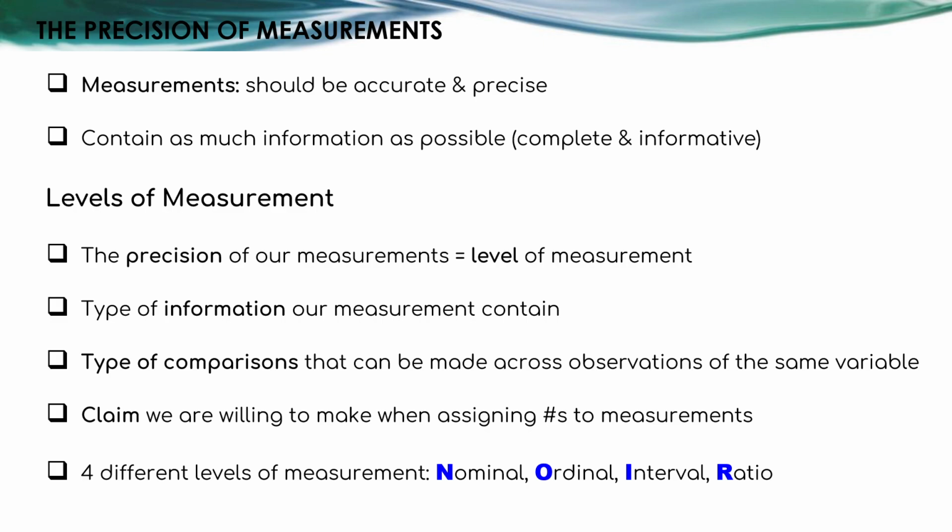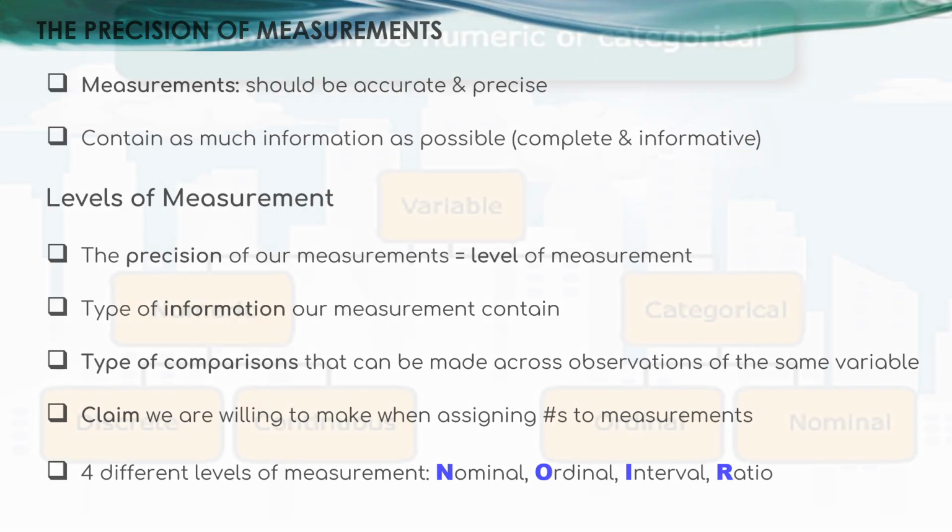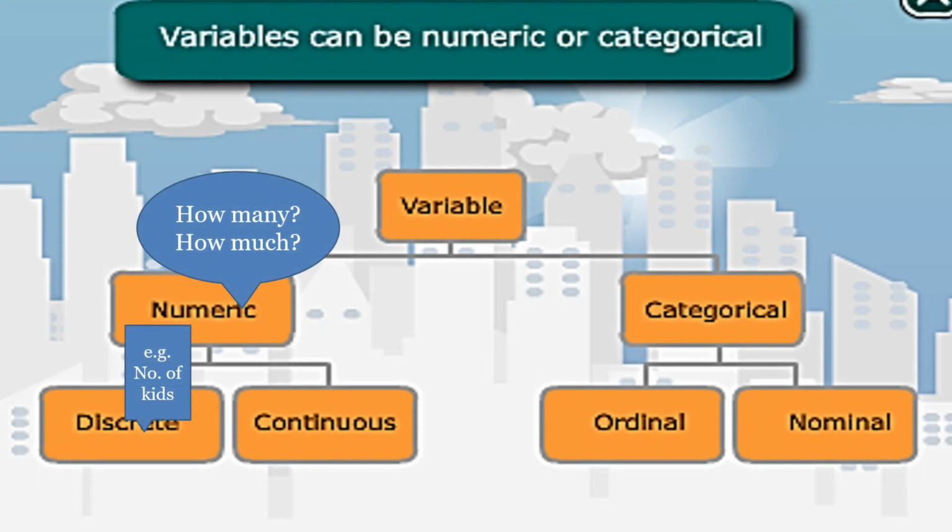So School of Business probably comes before College of Liberal Arts and before College of Science, Engineering, and something else. So think about where we use these measurements and what they mean. So nominal, ordinal, interval, and ratio.